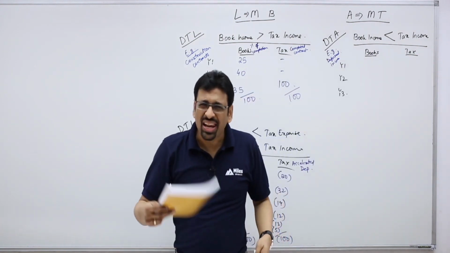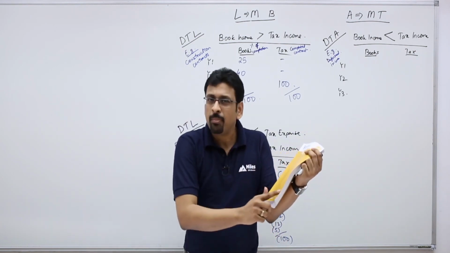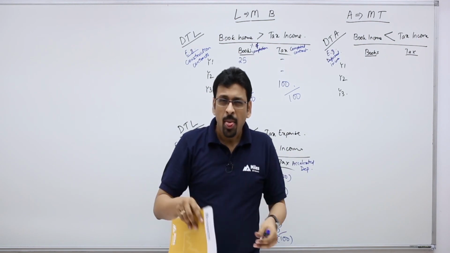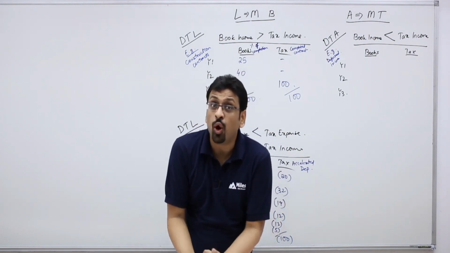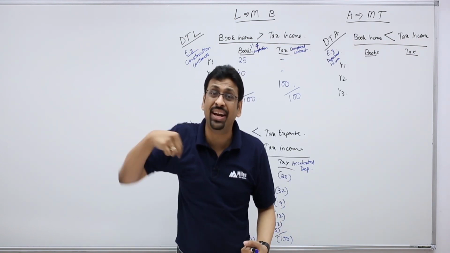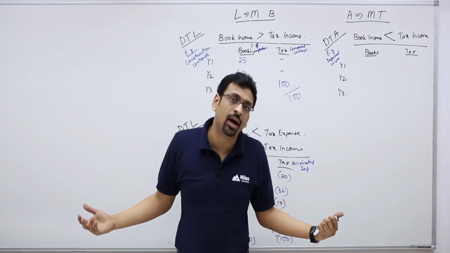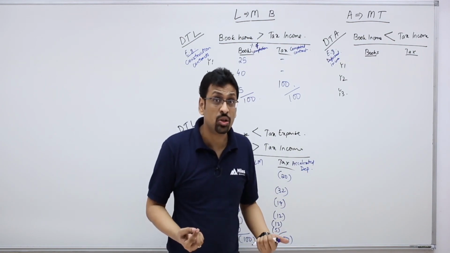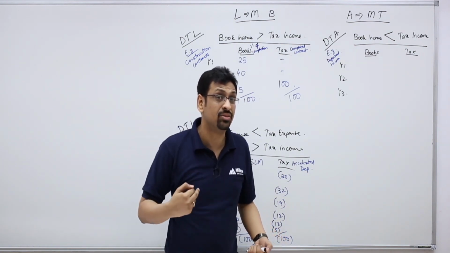Let's say you like this book. Now I've written it, and I take royalties from Miles CPA Review for this book. Let's say they give me royalties for the next 3 years right now, at $100,000 of royalties every year. So I got $300,000 right now for the next 3 years.